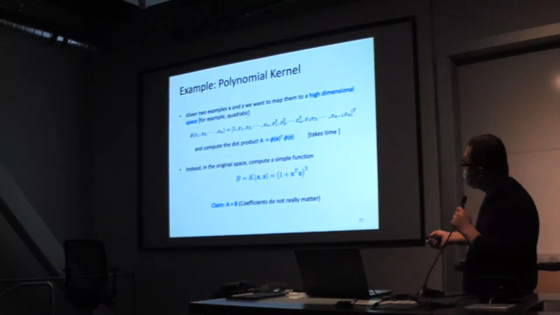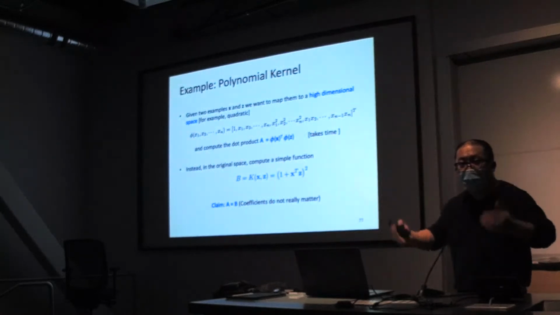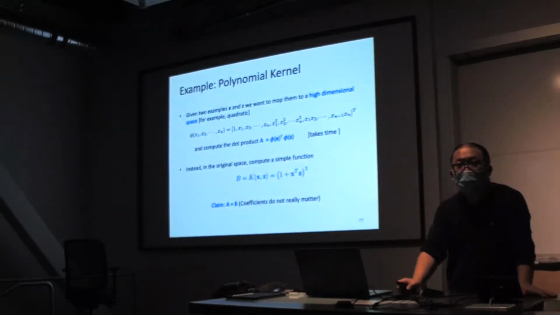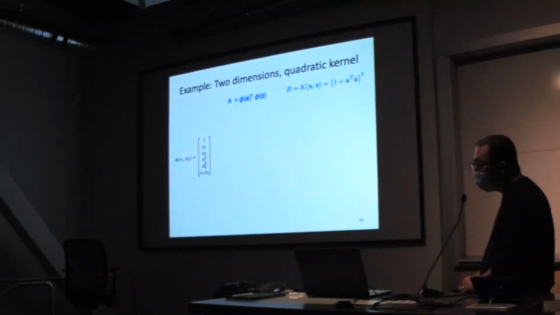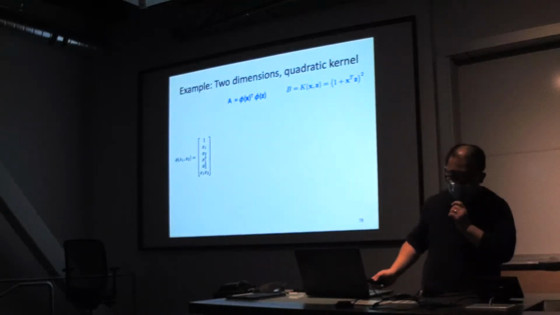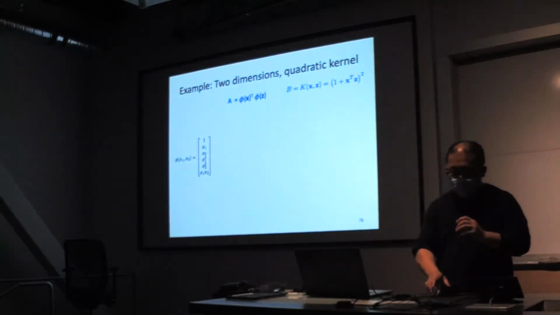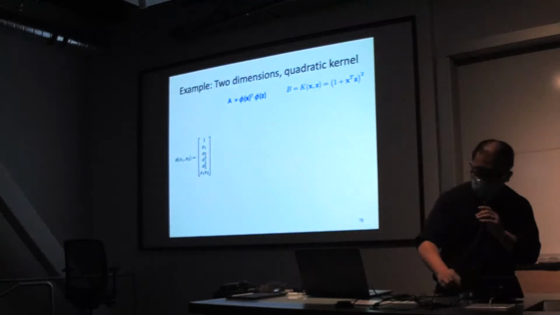If I can compute the value of k between these two arguments in a much cheaper way, instead of following the exact definition, it can save a lot of computational complexity and the space to store those mapped feature vectors. This is called the kernel trick. To show why this is true, let us go through some properties.